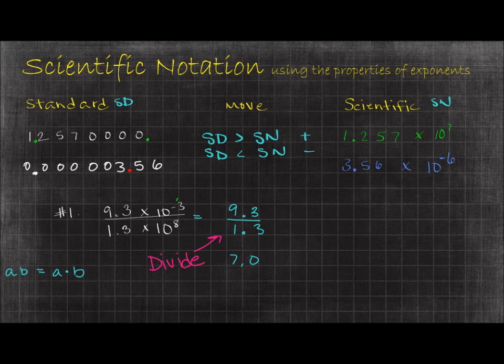Now these tens, they have the same base. And if you recall, when you're dividing the same base with different exponents, all you have to do is subtract the exponents.